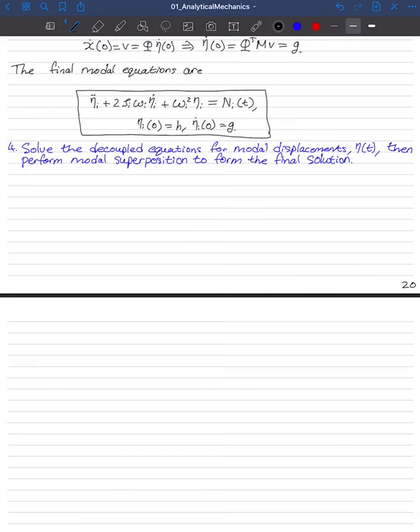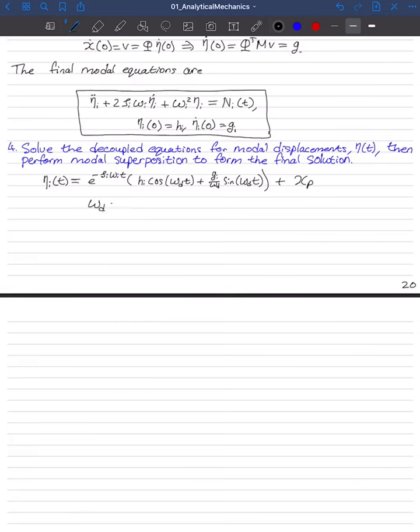Specifically, we can say that eta i of t is going to be equal to e to the minus zeta i omega i t times, first our initial conditions should have i's in them, h i times the cosine of omega d times t plus g i over omega d times sine of omega d t, plus the particular solution, which depends on the forcing.